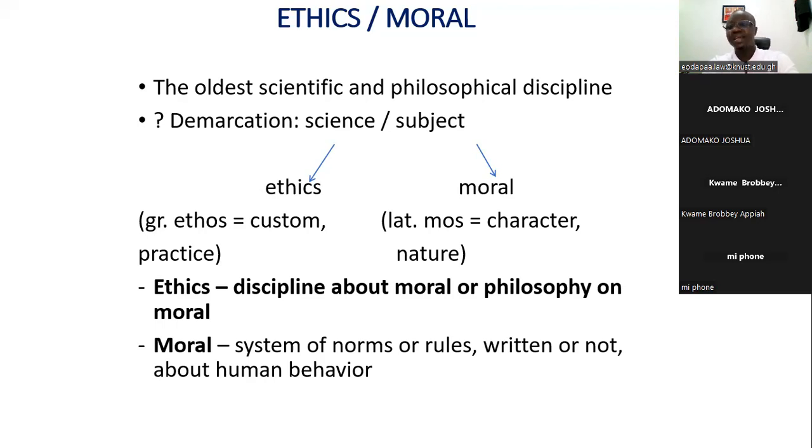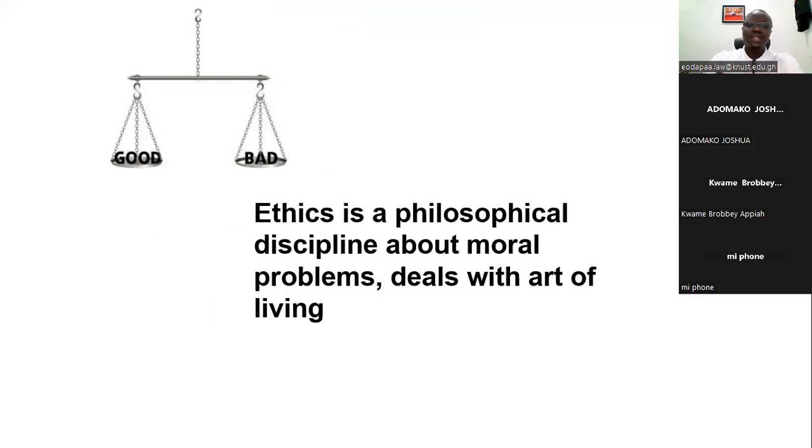So moral is like the system of norms or rules, written or not, about human behavior. So ethics then is a philosophy about moral problems. It deals with the art of living, whether something is good or bad, right or wrong, and so on.